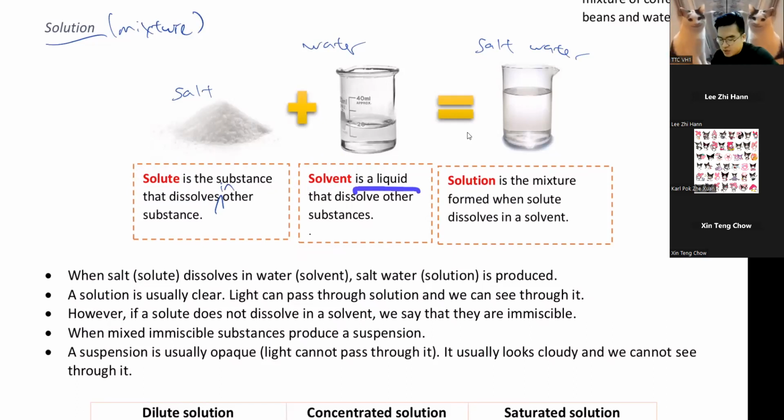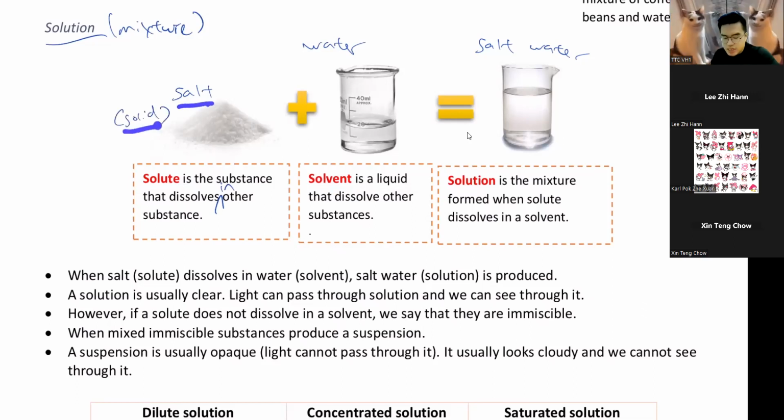Solvent is the liquid that dissolves other substances. If I dissolve someone else, I'm the water. And you will get a solution. It is a mixture. Guys, don't get confused by these two. The best way to memorize this: salt is a solid.